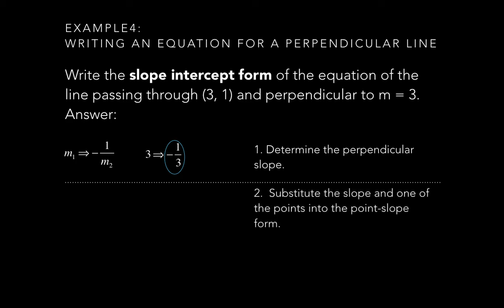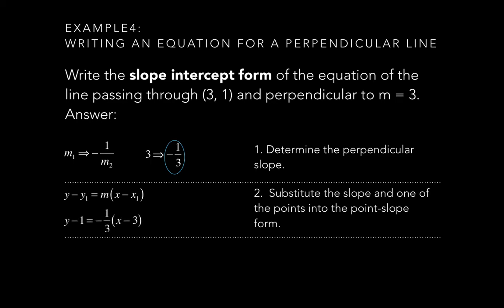We'll use that slope and the point that was given, plugging them into the point-slope form. So you plug 1 into the y position and 3 into the x position. And now we'll write the equation in slope-intercept form.